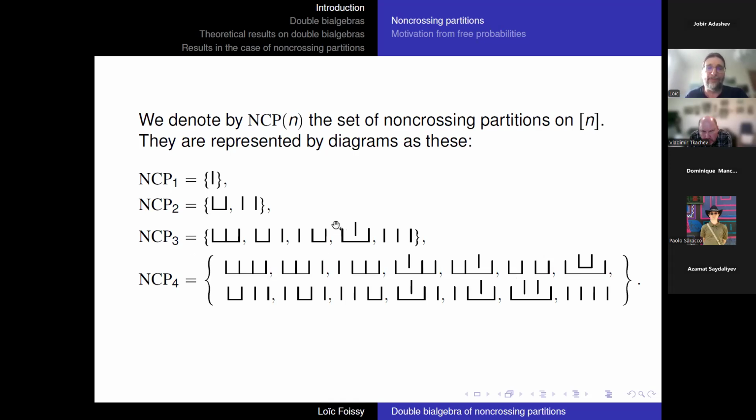For example, for this one, there are 2 blocks, 1, 3 together, and 2, and there is no crossing. So you represent them by graphs with legs. The vertical edges are legs, and horizontal edges represent the blocks. There is one non-crossing partition of size 1, 2 of size 2, then 5, 14, then 42, and so on. In fact, the numbers are given by Catalan numbers. I will come back to them later.